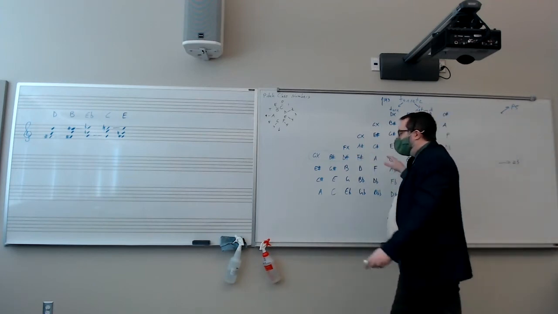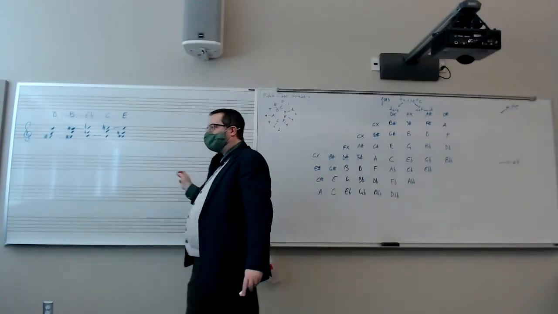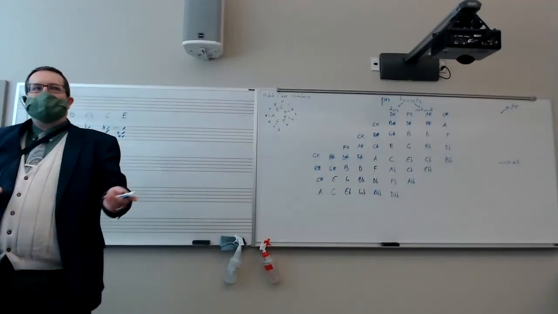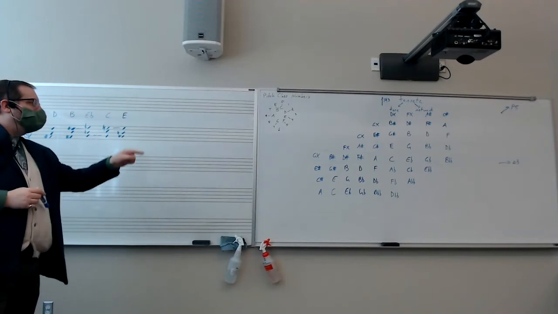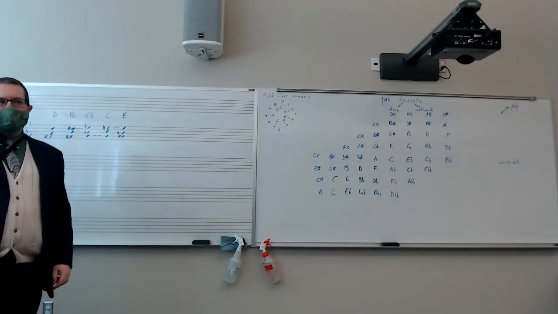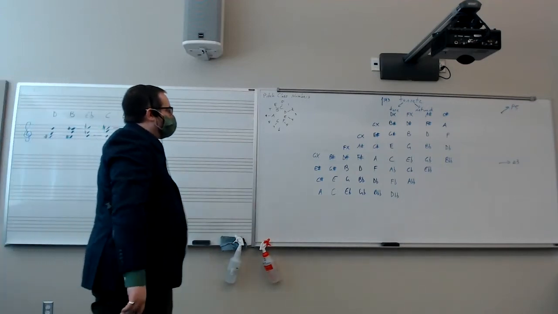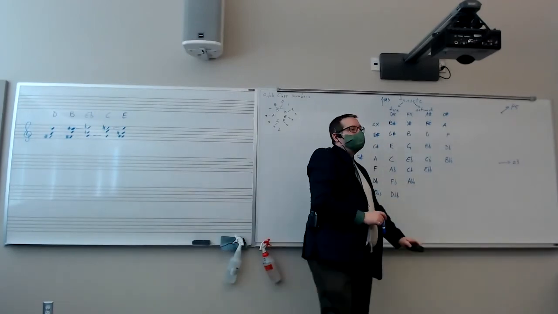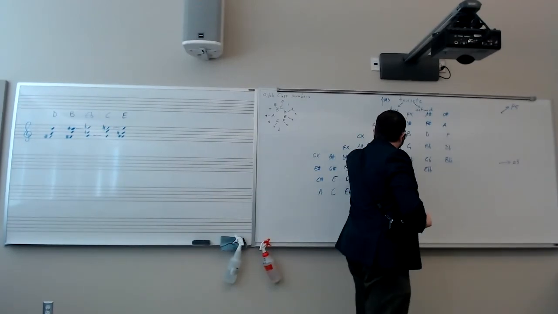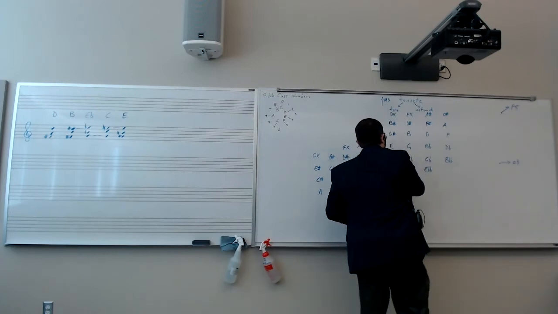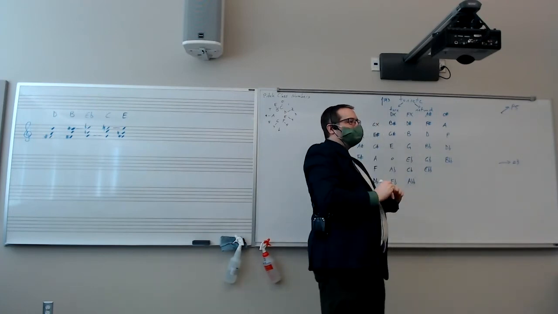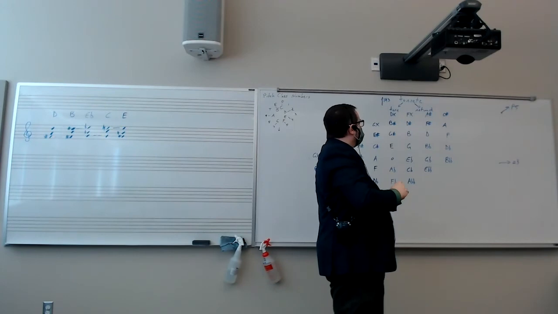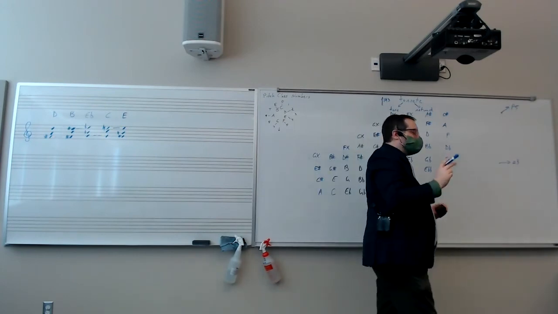So I'm going to go over here now to my tone nets, and we're going to replace the note names with pitch class numbers. Start with the easy one right here in the middle. C, 0. E flat, 3. Good.